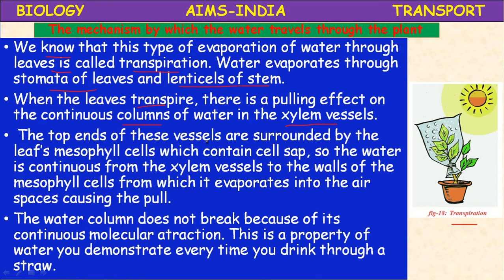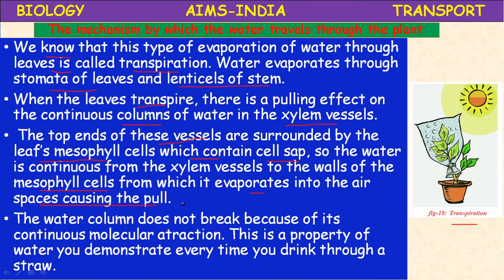The top end of these vessels are surrounded by the leaves' mesophyll cells which contain cell sap. So the water is continuous from xylem vessels to the walls of the mesophyll cells. Mesophyll cells are the cells present in the leaves, from which water evaporates into the air spaces, causing a pull.